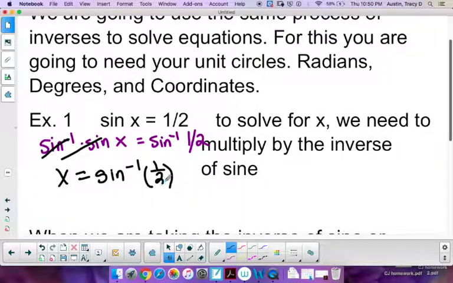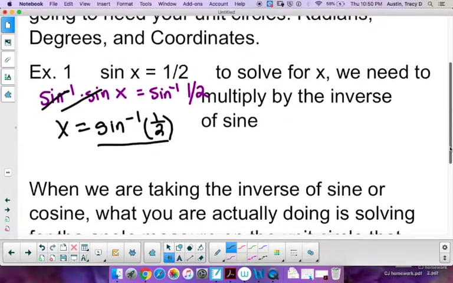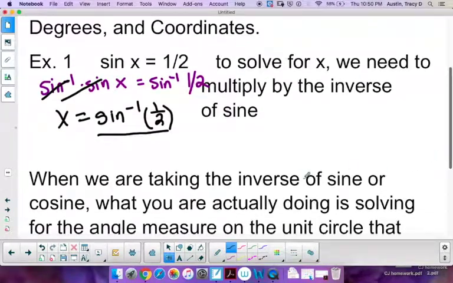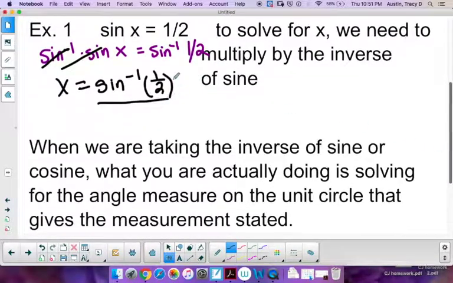Well, we need to figure out what this actually means. This statement means something very specific. When we are taking the inverse sine or cosine of something, which is what we did here, what you're actually doing is solving for the angle measure on the unit circle that gives this measurement.